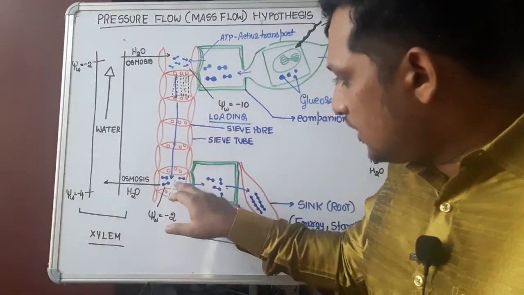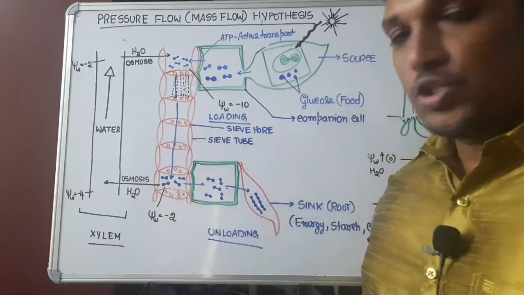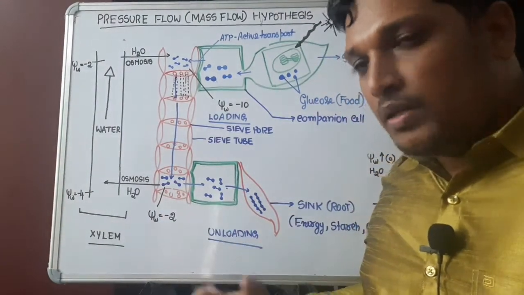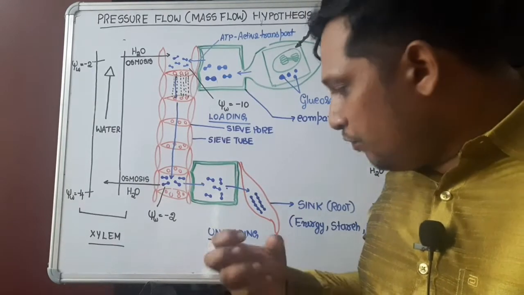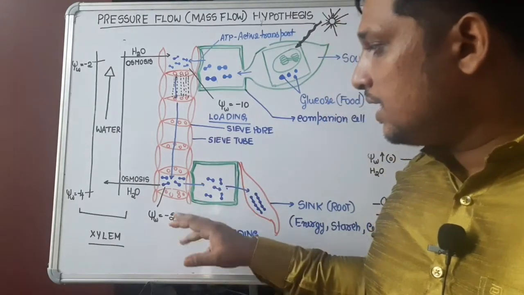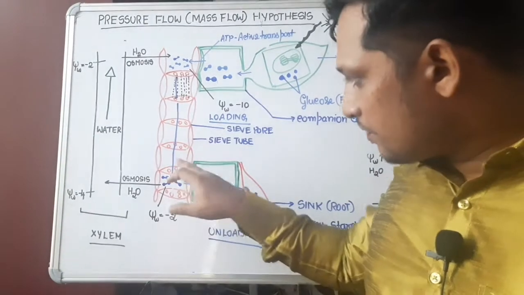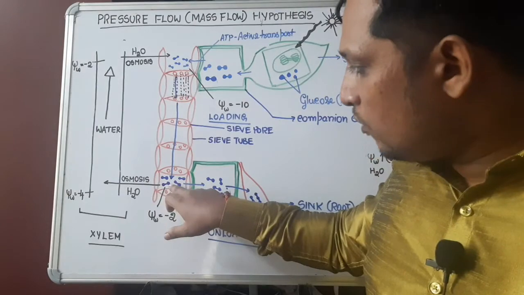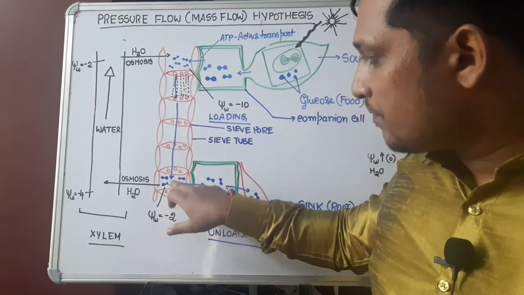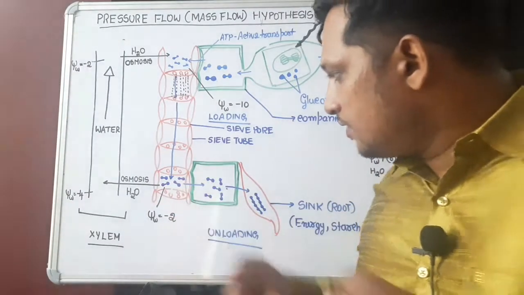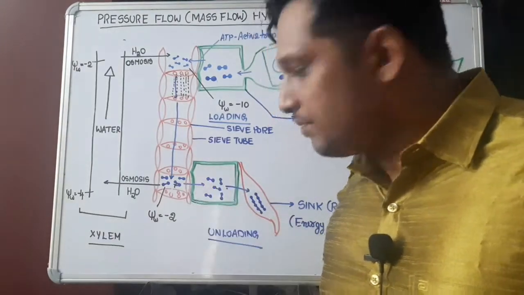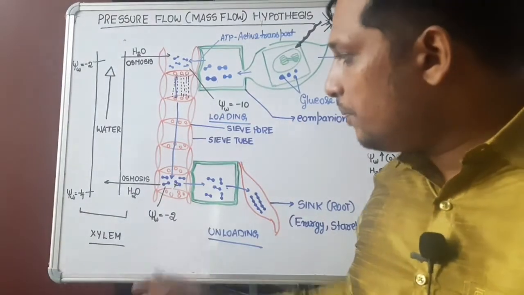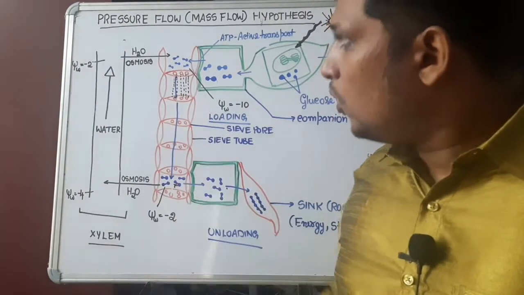When the sucrose is being removed from the sieve tube, what happens? You are removing solute from the water sap. So if you remove solute, the water potential in the sieve tube, or in the unloading region, will increase, because you have removed all these. Whereas in the neighboring xylem, water potential would be low.